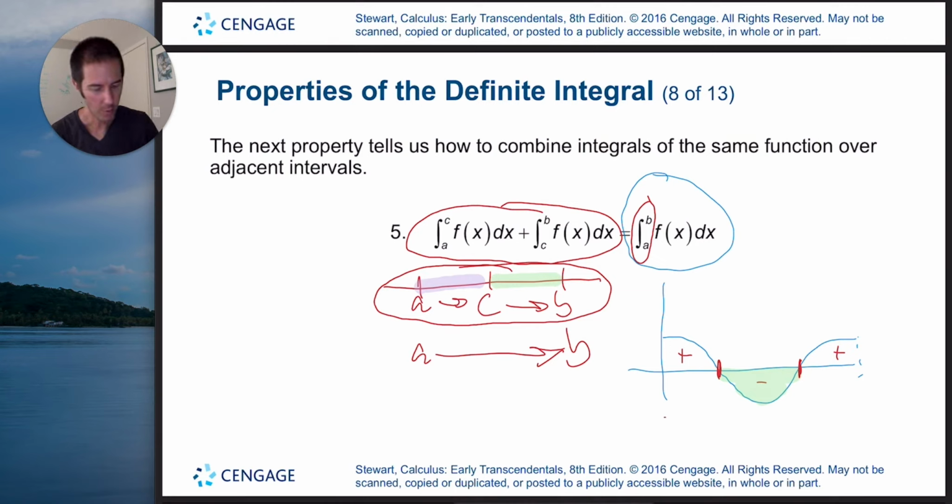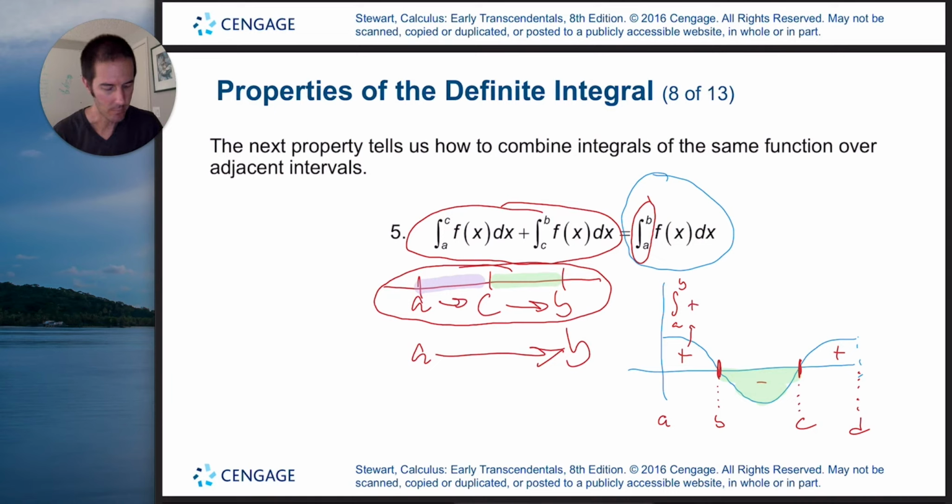So if this were an x-coordinate of a, and this were an x-coordinate of b, and this were c, and this were d, if you integrate from a to d straight away, then this area is going to get interpreted as being negative. But instead, if you were to integrate your function from a to b, then this would be a positive area.